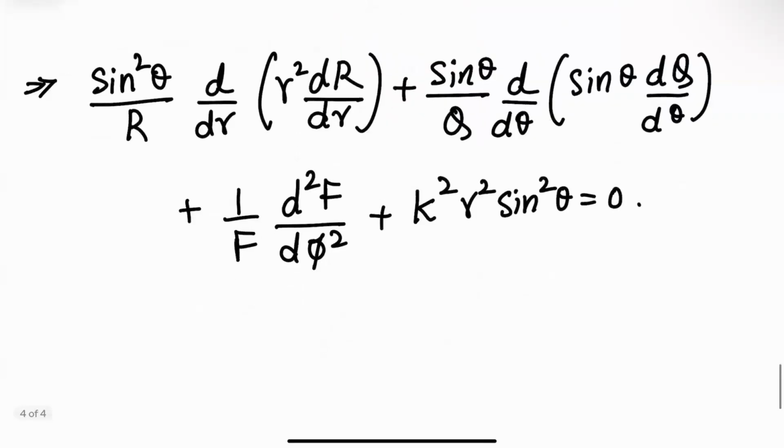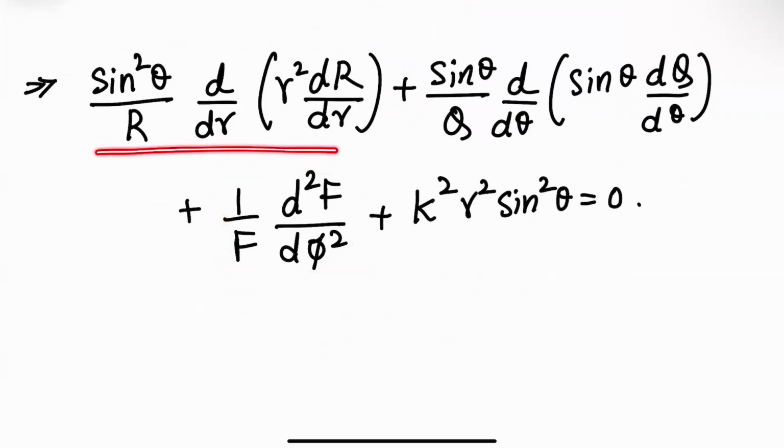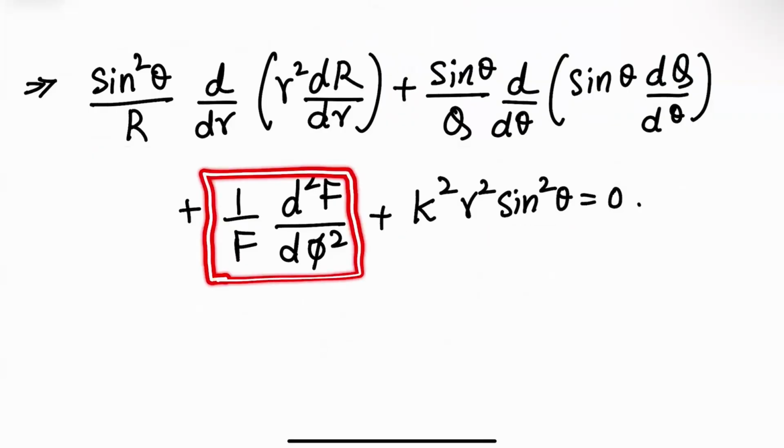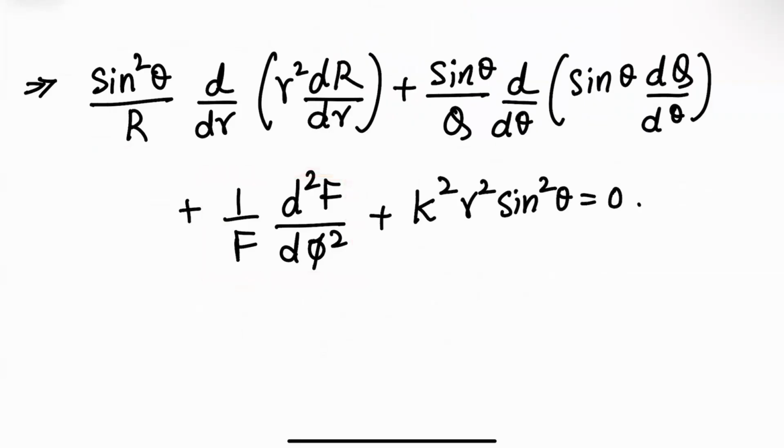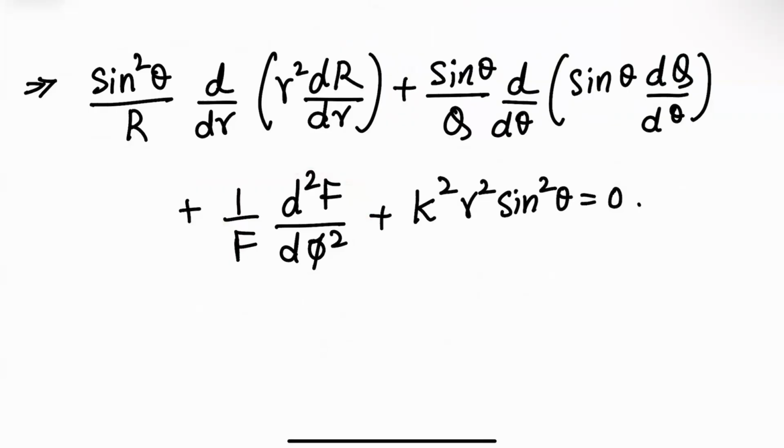Okay, so this is nice because we have one term at least that's only a function of phi, and no other term is a function of phi. These terms are functions of r and theta. Since this is the only function of phi, and everything else is a constant with respect to phi, this should also be a constant. We've used that argument a few times when solving wave equations in different coordinates.